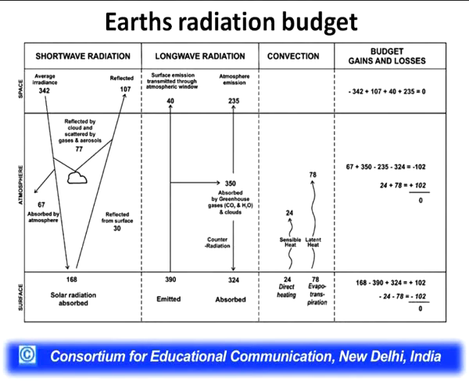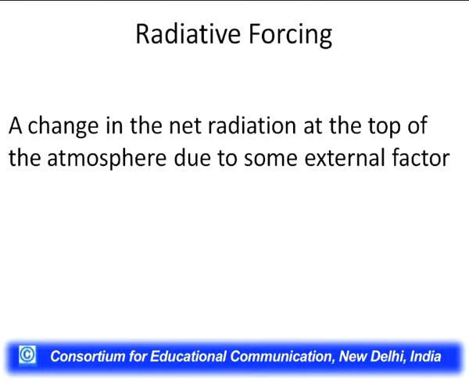So now we can see here in all the three parts of the atmosphere-earth system, which is space, atmosphere and surface, and including two types of radiation, which is short wave radiation and long wave radiation, and also the convection, the radiation budget is balanced.